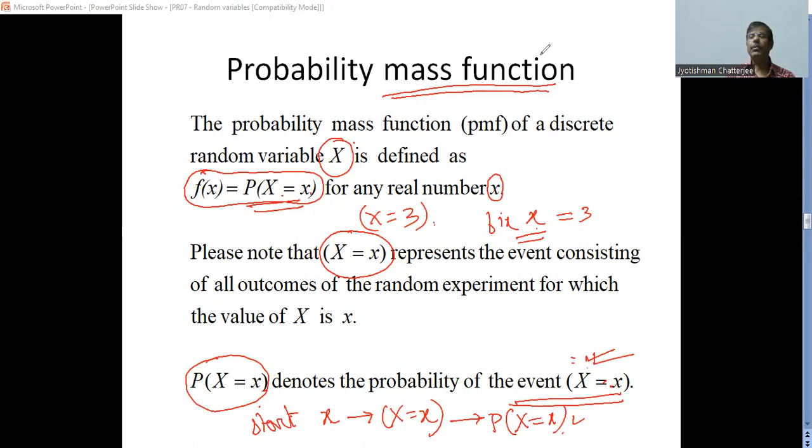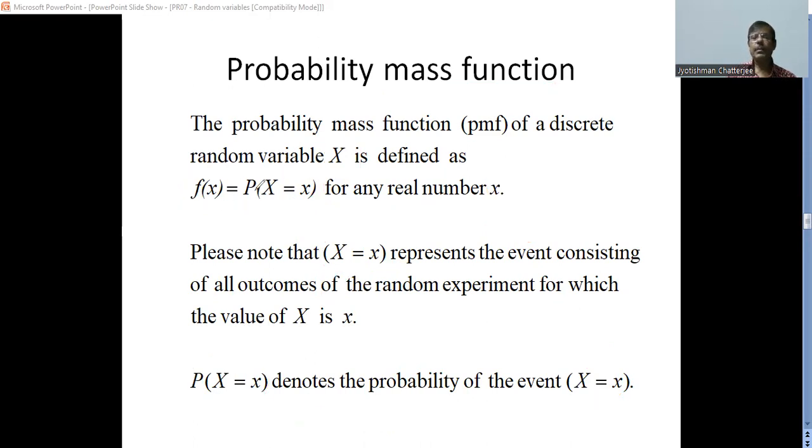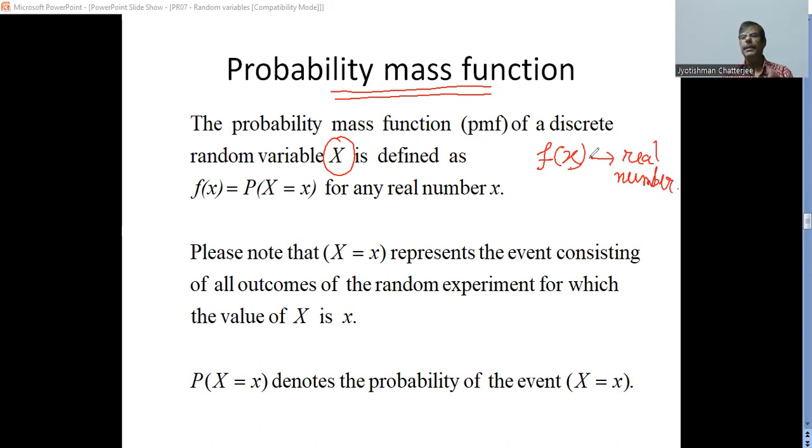Let me wipe out all these things. We are interested in probability mass function. What is probability mass function? Corresponding to the discrete random variable capital X, we are constructing a function whose argument is a real number, and given an argument, it produces a real number. That's what a function is.